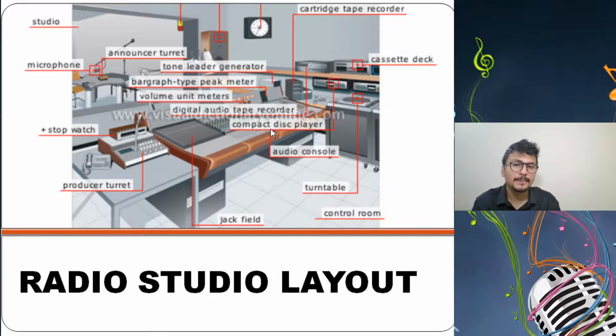Here is a compact disc player. You can play these CDs and DVDs, and you can switch to live. This is the entire board at the base, where a lot of faders and volume mixers are.